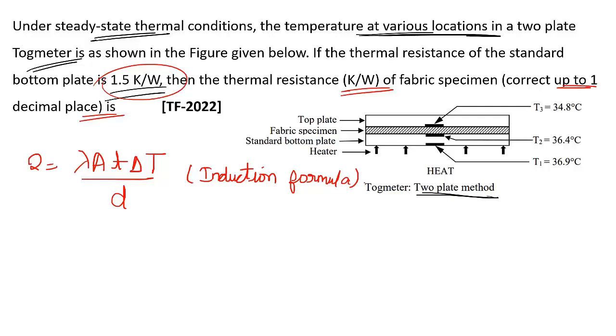Here Q is the heat measured in joule, lambda is the thermal conductivity, A is the area, t is the time, small d is the thickness, and delta T is the change in temperature.